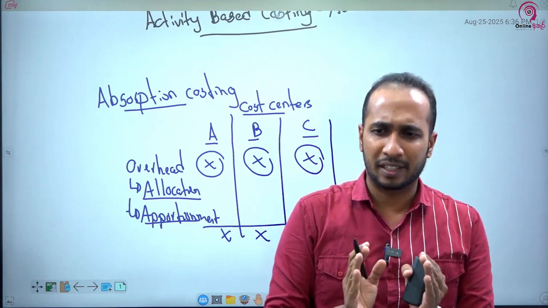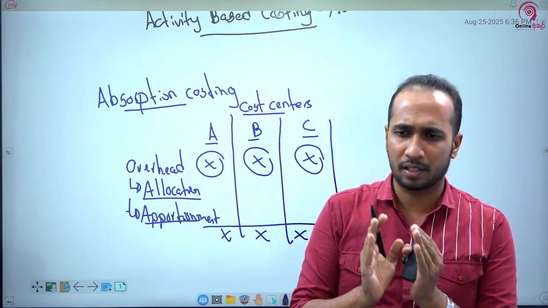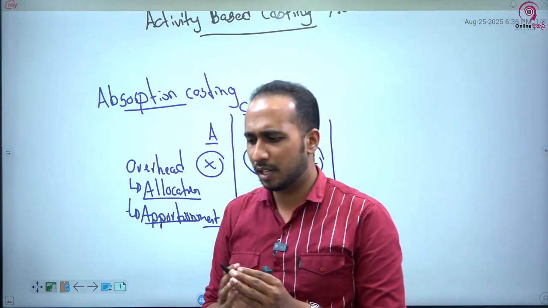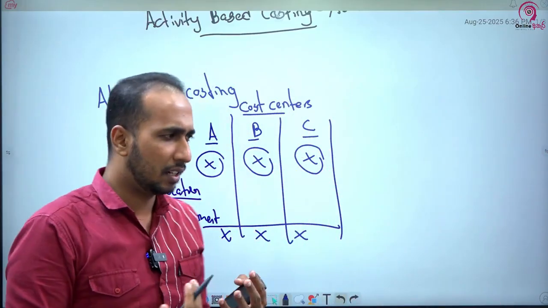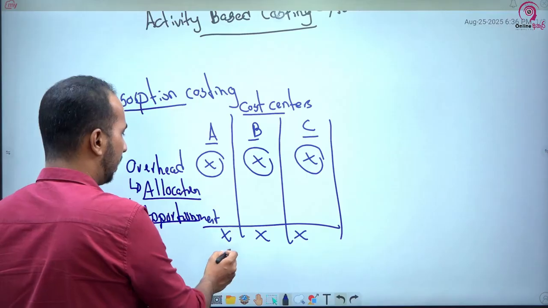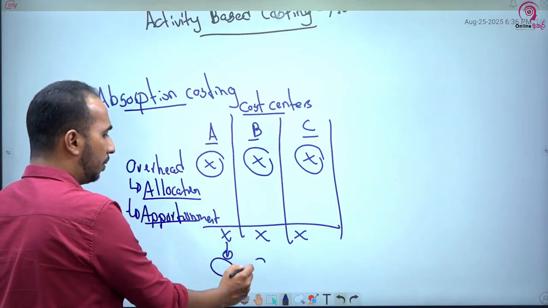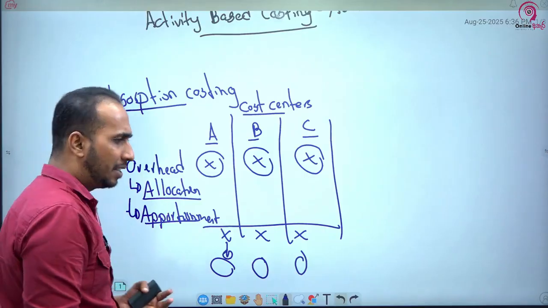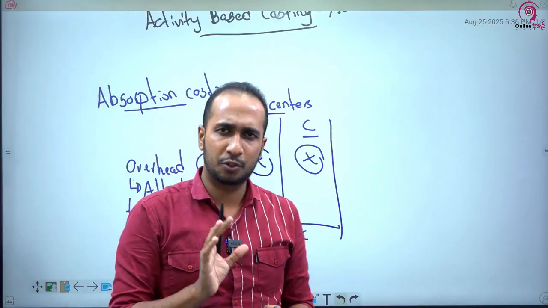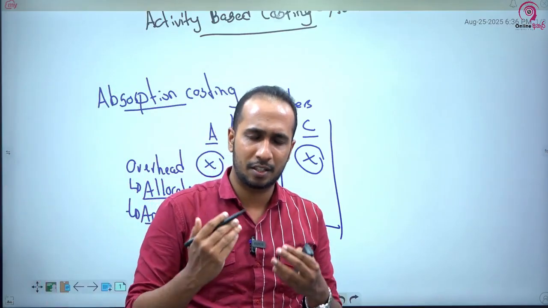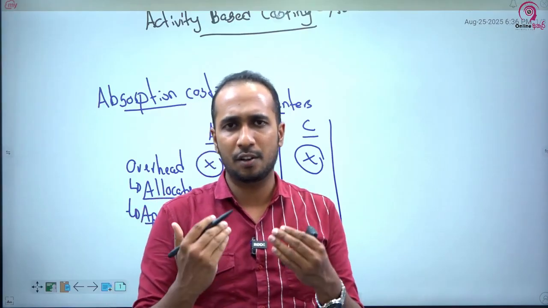This has some limitations, because under absorption costing we are just taking one measure for each cost center and then trying to absorb the respective cost to our product. Please understand this kind of costing is required if the organization is manufacturing more than one product.